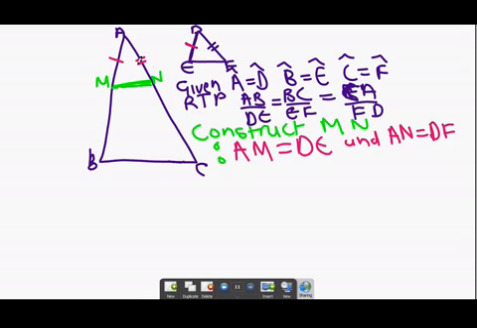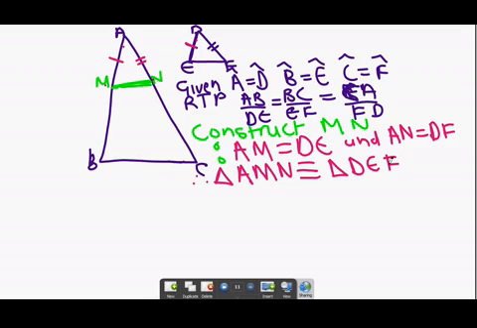Because we are told that A is equal to D, and because the sides AM and AN are equal to DE and DF respectively, we can now say that, after that construction, triangle AMN is congruent to triangle DEF. Why are we saying this?